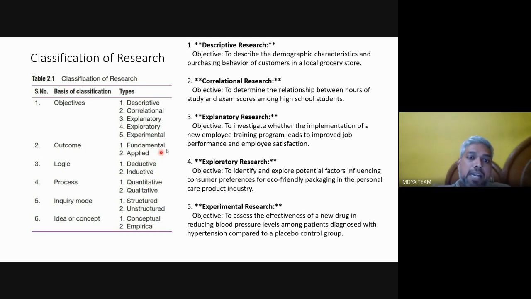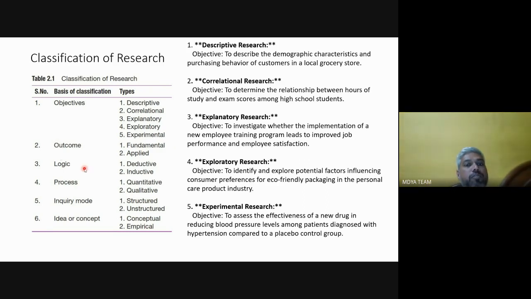So this is applied. And fundamental means the complete Chandrayaan procedure, Chandrayaan 1, Chandrayaan 2 and Chandrayaan 3, the complete procedure is a fundamental research. And within a fundamental research, a particular topic they took, that is applied research. So this depends on the outcome.